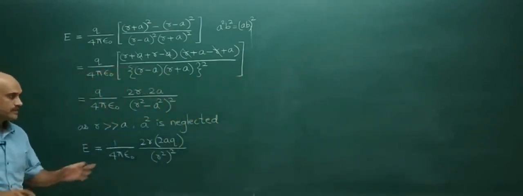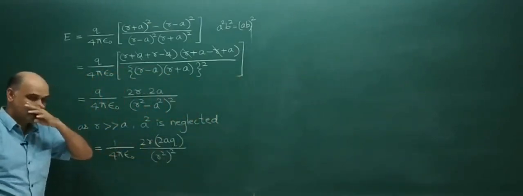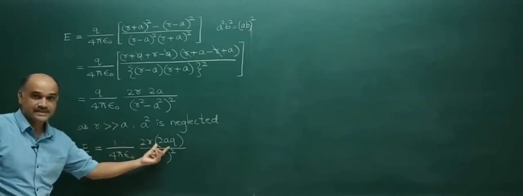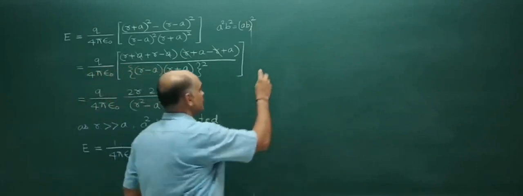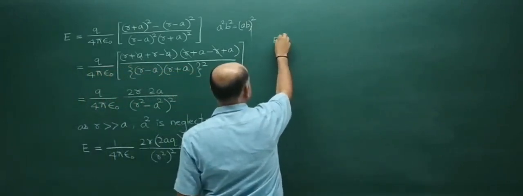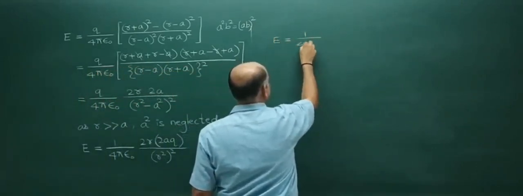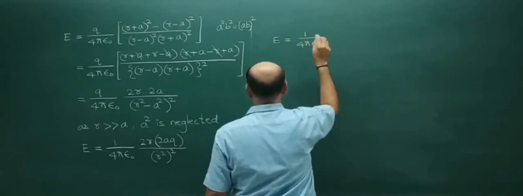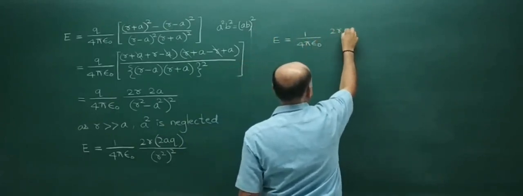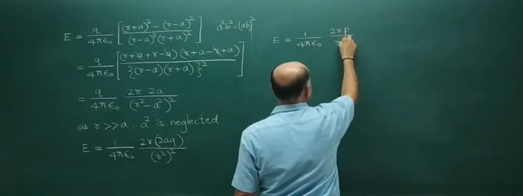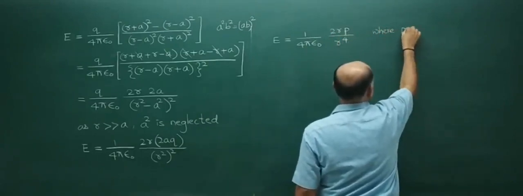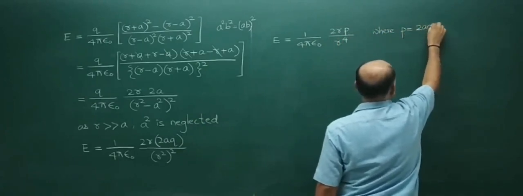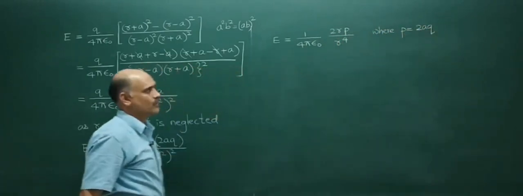Okay. So now here you remember this 2A into Q is P, that is dipole moment. So (R square) whole square will be R raised to 4. So I will have E is equal to 1 by 4 pi epsilon naught 2R into P divided by R raised to 4, where P is equal to 2A into Q, dipole moment.